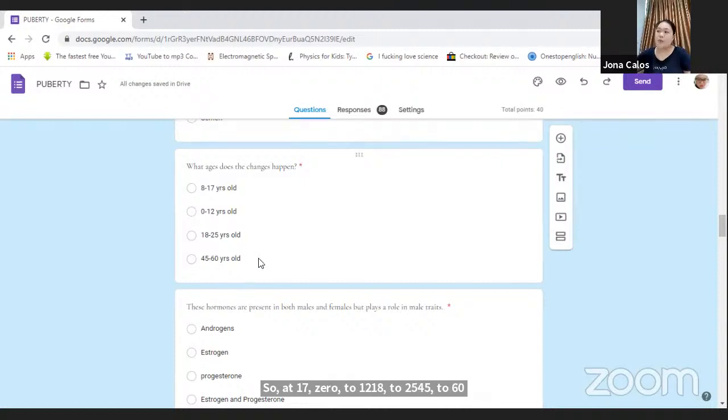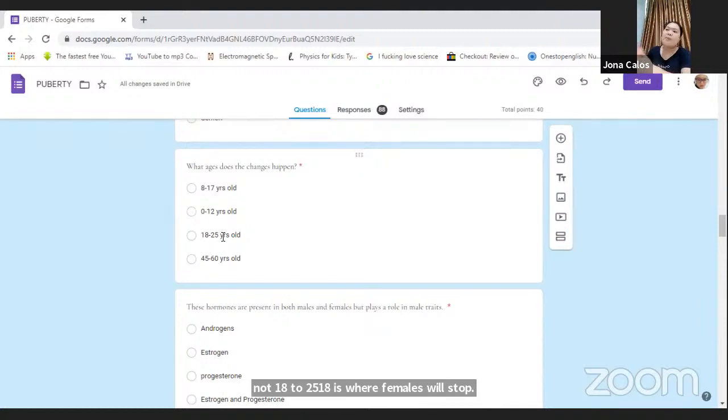So again, puberty is the transition from being a child to a young adult. So the first one, 8 to 17. Okay. Can be. It's somewhat in the middle. Second one, 0 to 12. That's baby to a child. So it's not. 18 to 25. 18 is where females will stop.